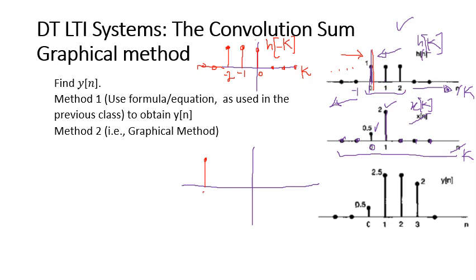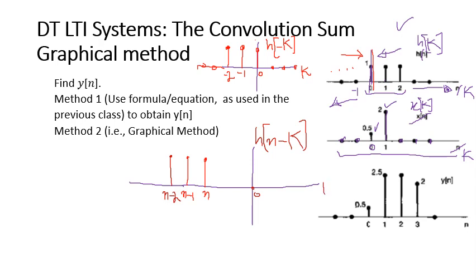This one is at -1, so this one will be at, for example, n minus 1, and this will be n minus 2, right? So this is 0. Now we can write it like h of n minus k. So this is how you obtain h of n minus k.